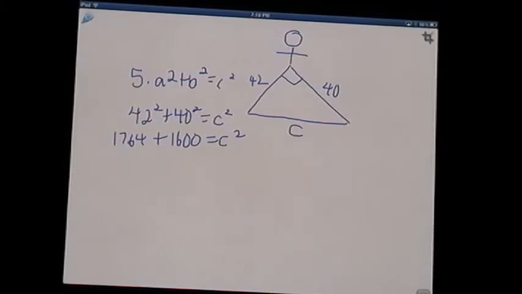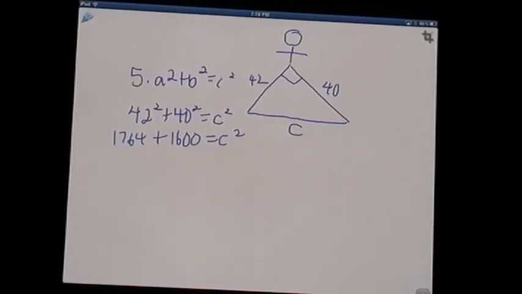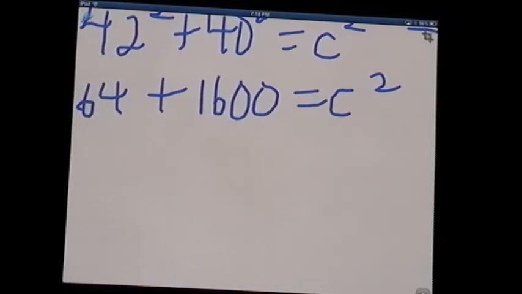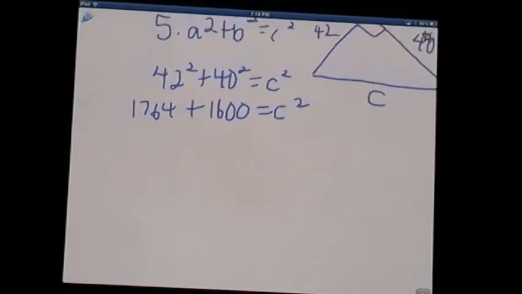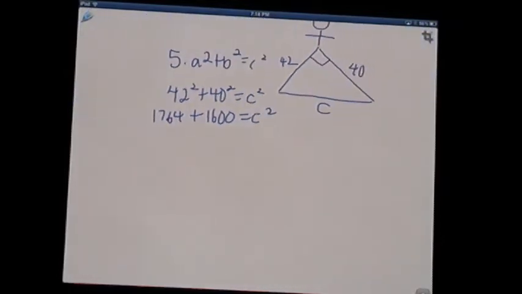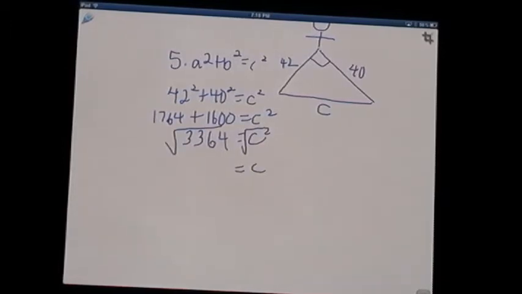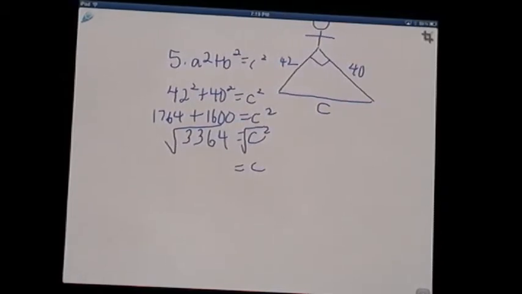Add the two together. And we get 3364. 3364 equals c squared. Now you're going to take the square root of each side, and we're going to get c is equal to 58.